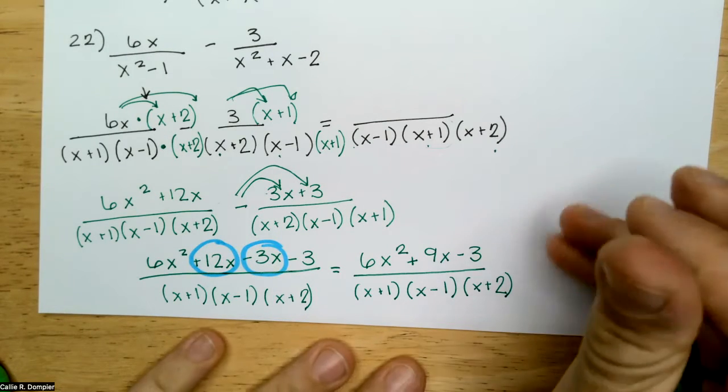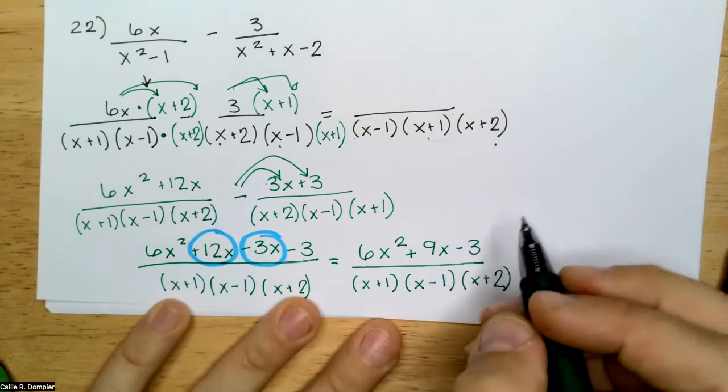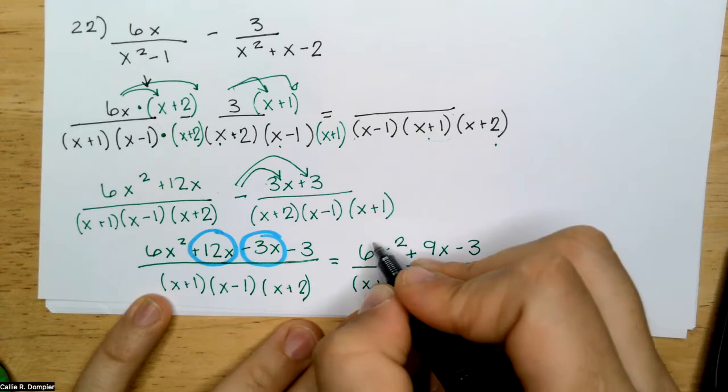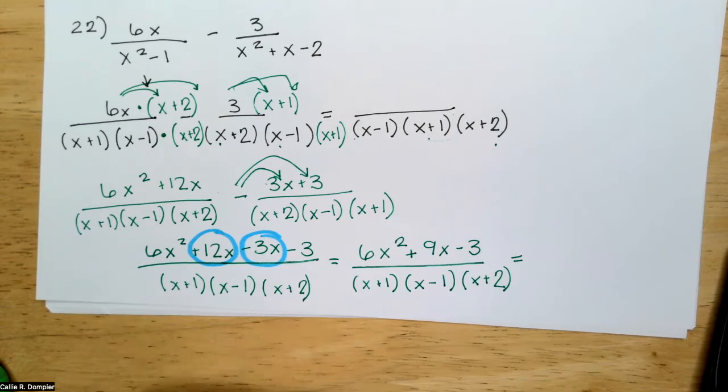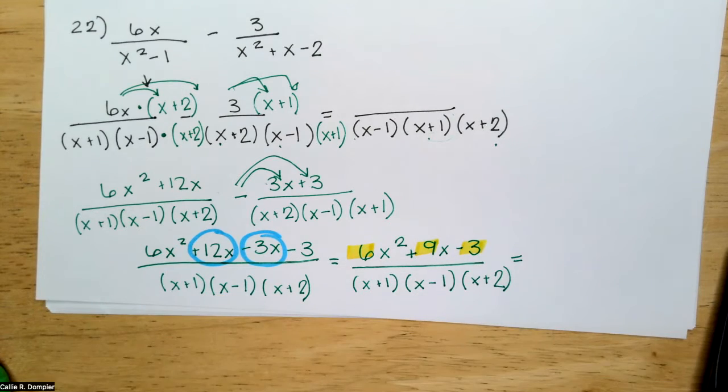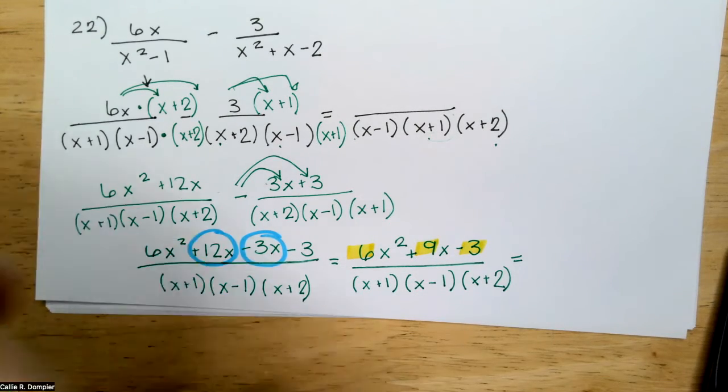Now they do want it in factored form. So I don't think we can pull out any of these, but if I look at 6, 9, and negative 3, I know that I can pull out a 3, right?